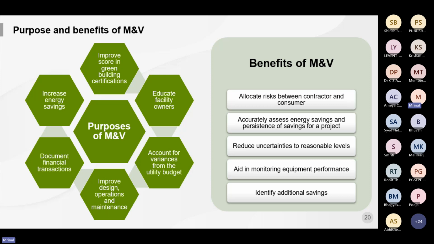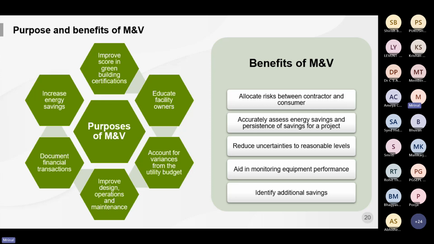Then it is very important to improve the design efficiency, engineering design, and facility operation and maintenance. Then to account for variance from the utility budget, and then educate facility owners. M&V is very important. And then an added advantage is the improvement in the score of green building certification. So these are the purposes of the M&V.